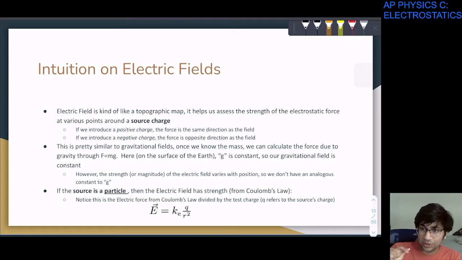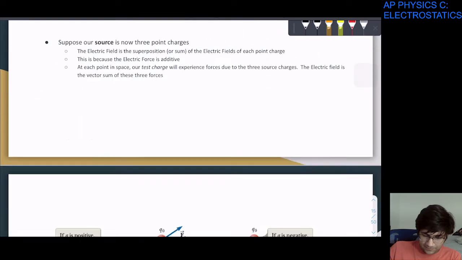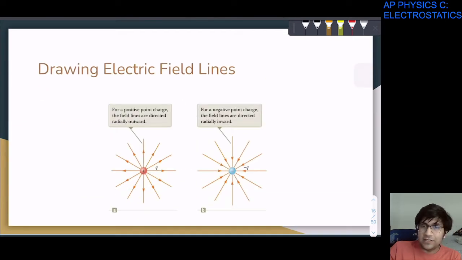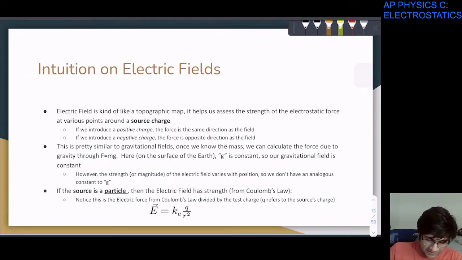We're going to be drawing this out with arrows and everything, and it'll make sense. This is kind of what it looks like. We'll get to it in a minute. So if we introduce a positive charge, the force is in the same direction as the field. And if it's a negative charge, it's the same magnitude but opposite direction.